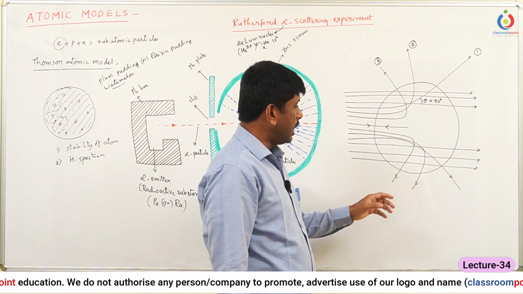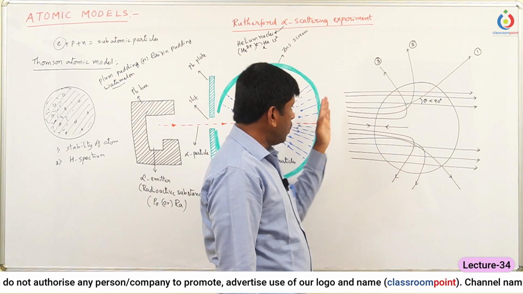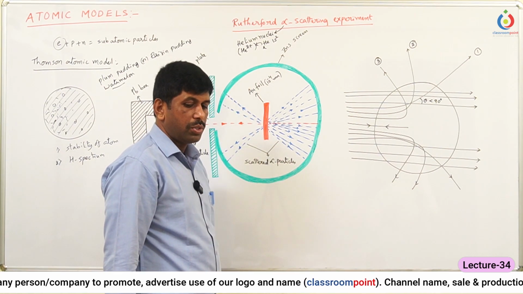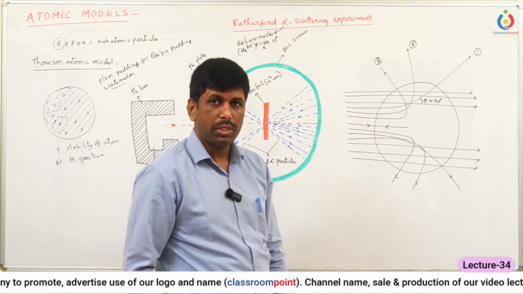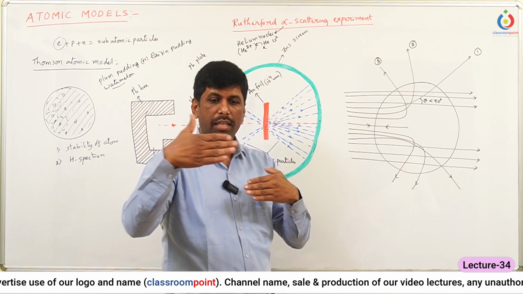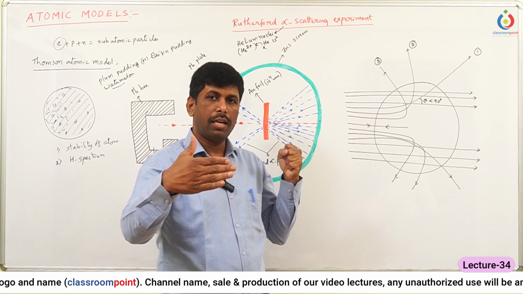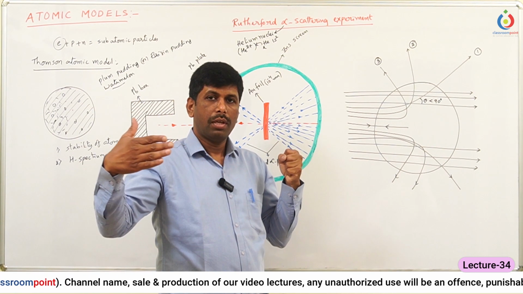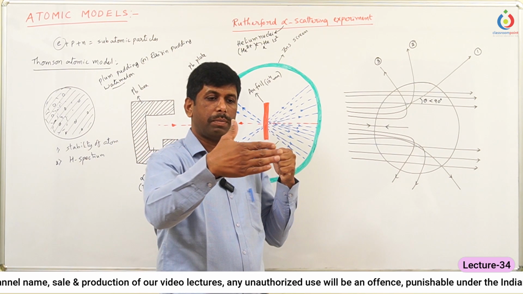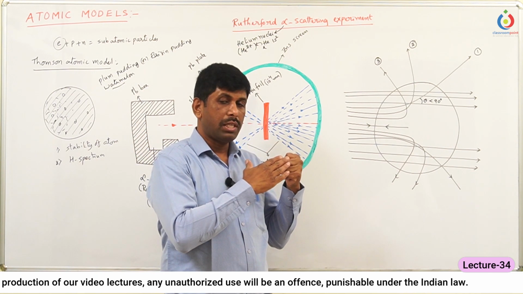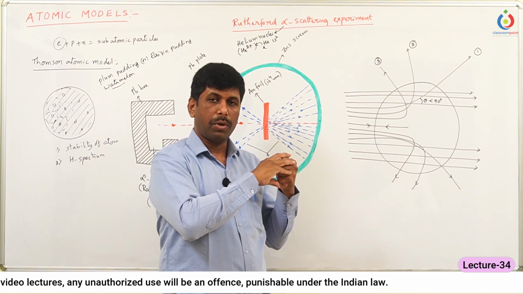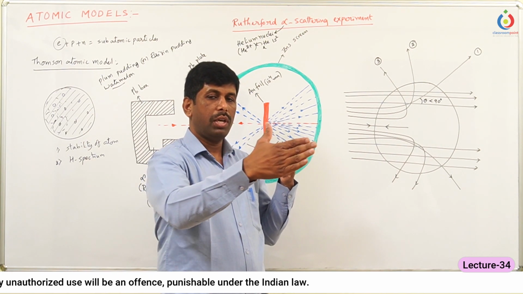So this concludes that alpha particles carry positive charge. Whenever positively charged particles are moving like this, imagine some positive charge is present here also. When alpha particles are moving far away from the opposite positive charge, then they make only a little angle.